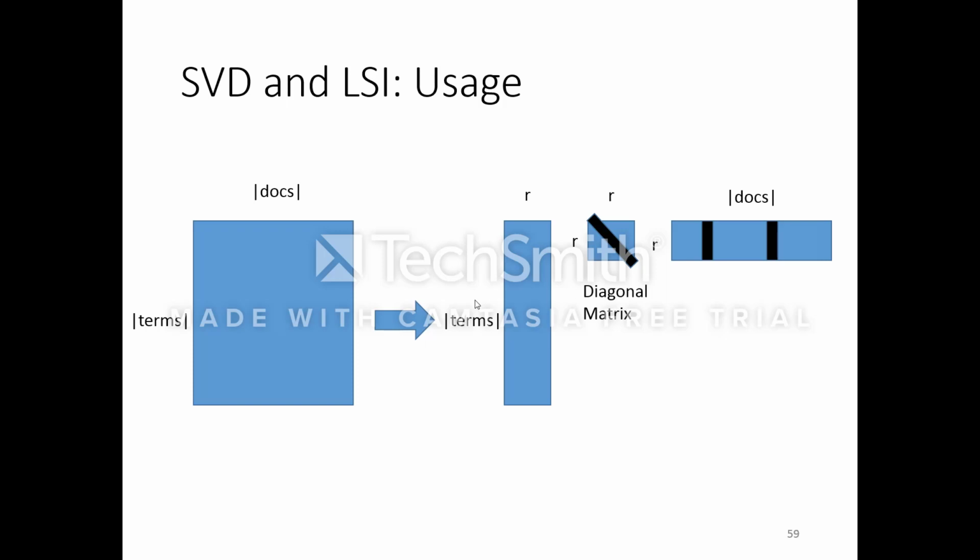Now if you look closely at the R by docs matrix, you have as many columns as the number of documents, and the ith column of that matrix corresponds to the ith document, and that yields an R-length vector for that document. This low dimensional document representation is shown to be more meaningful than just TF-IDF vectors, which is what you would get if you take a row out of the matrix on the left hand side.